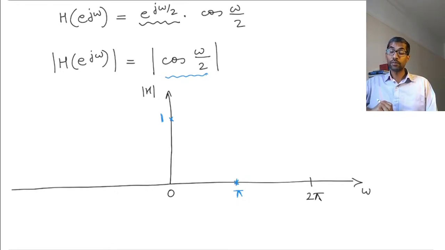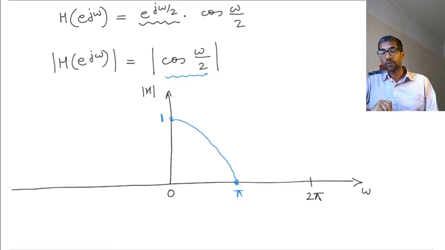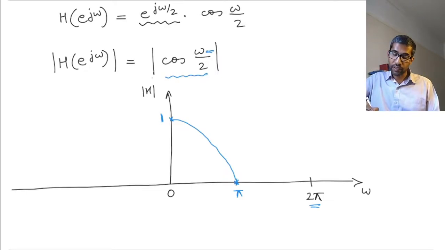Now you know the shape that cos takes from 1 to 0. So the shape is going to be approximately like this. And what will be the value at 2π? At omega equal to 2π, this becomes cos π. Cos π is minus 1, but we are taking the modulus here, so it will be 1 again.